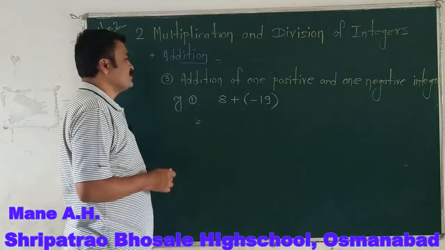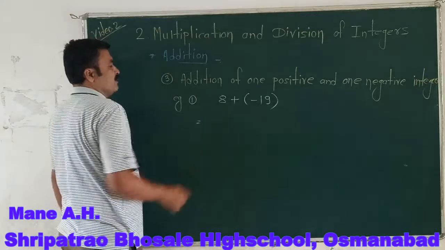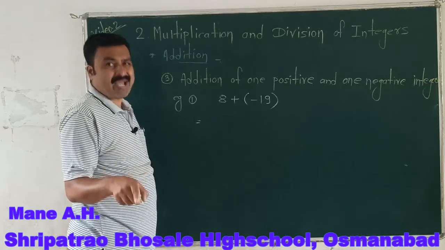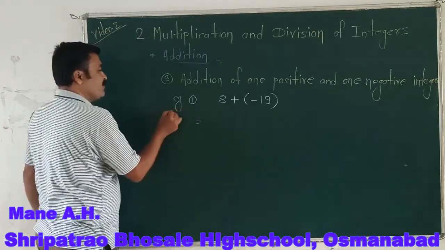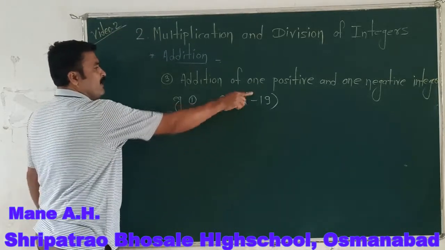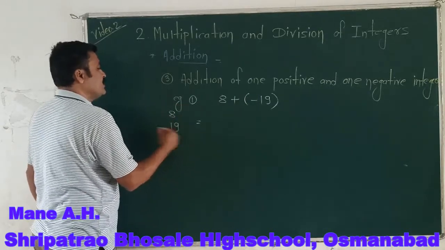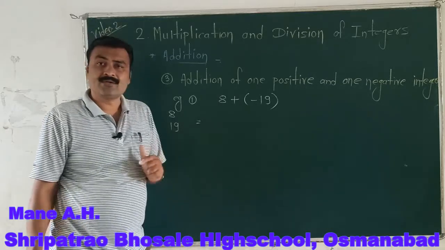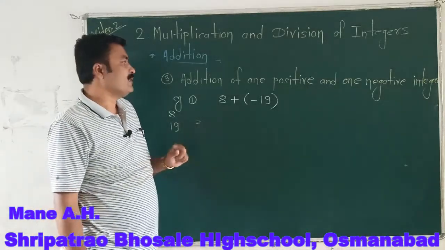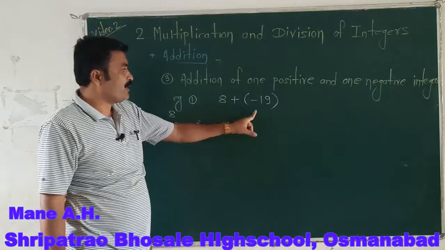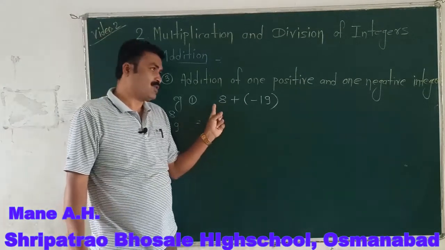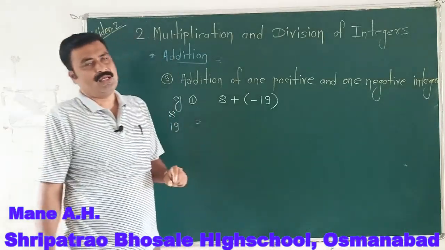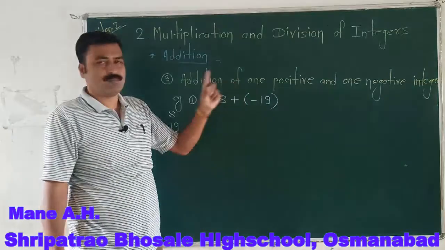So if you observe this addition, the method is that we have to take the addition of their magnitudes. So the magnitude of plus 8 is simply 8, and the magnitude of minus 19 is just 19. Now we have to observe the signs while adding two integers, one given in the positive format and the other in the negative format. एक धन पूर्णांक संख्या आहे, एक ऋण पूर्णांक संख्या आहे.